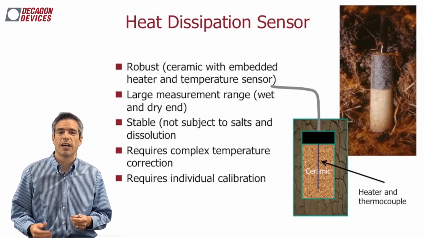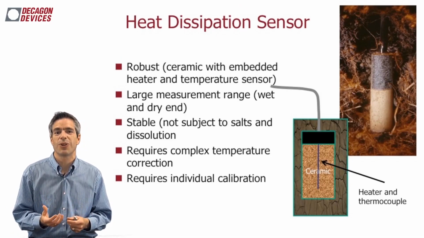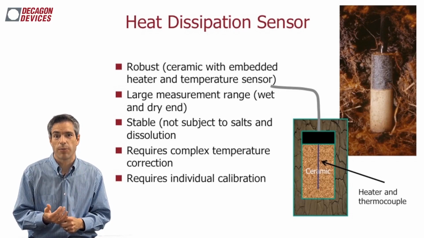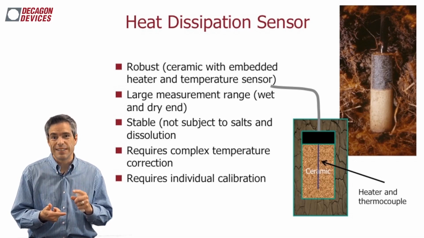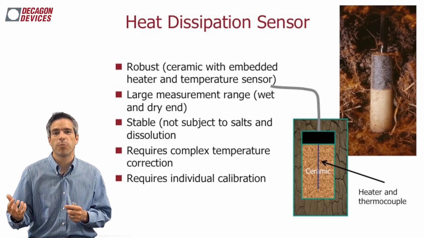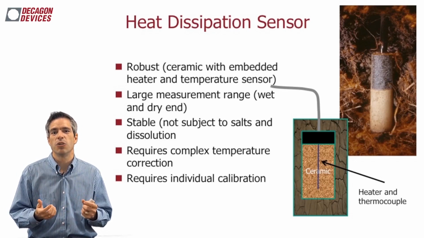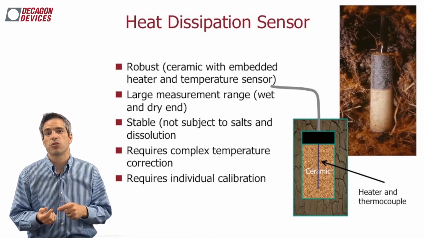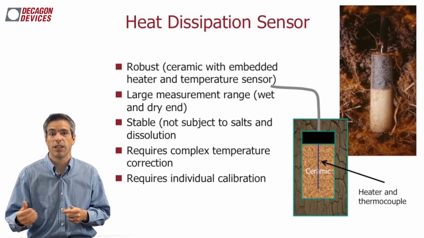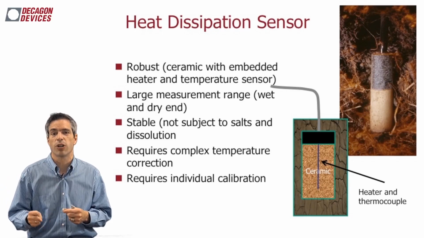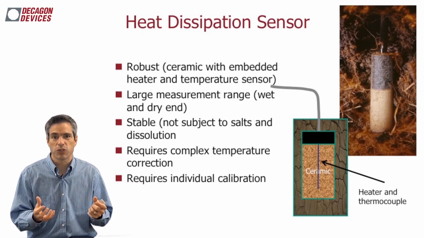The third sensor on that list we call a heat dissipation probe or heat dissipation sensor. This heat dissipation sensor actually uses the exact same ceramic, this one developed in the lab over these years, to measure the water potential. But it's different because instead of using a capacitance, a charge storing technique to measure the water content, it uses a needle that measures the thermal conductivity of that ceramic and relates the thermal conductivity, which is approximately a measure of water content, to the water potential of the surrounding soil.